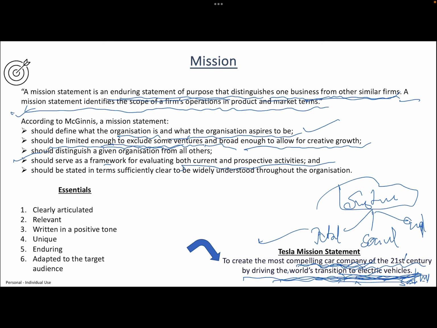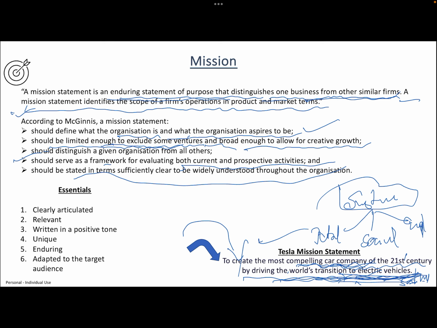Based on the mission statement, we can plan our future steps of activities. And this mission statement should be clearly and widely understood throughout the organization. Everybody should know what the mission statement of their business is. So these are the few concepts about the mission statement that McGuinness identified.